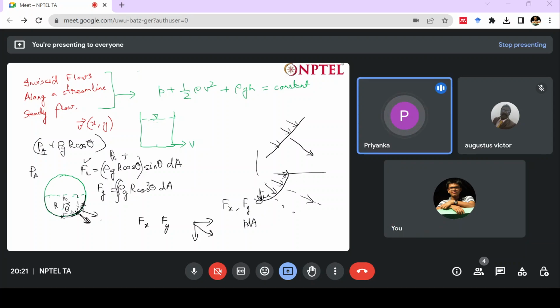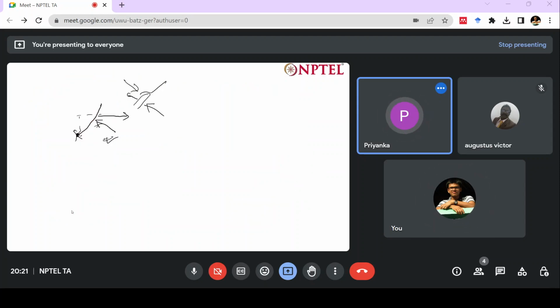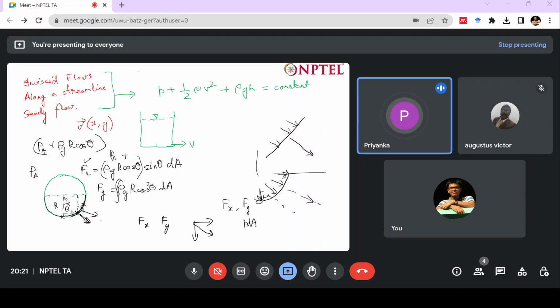Okay, sir. One more question. Instead of integration, I took Fx and Fy differently. For Fx I projected the surface, like if it is cylindrical, the projection will be rectangular.